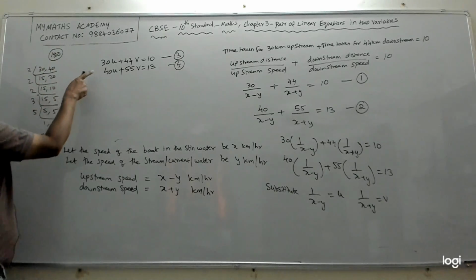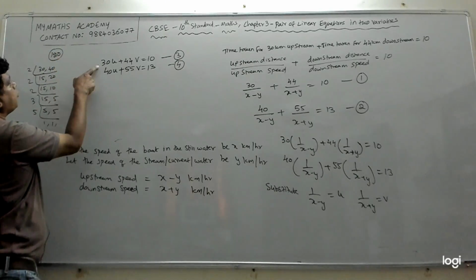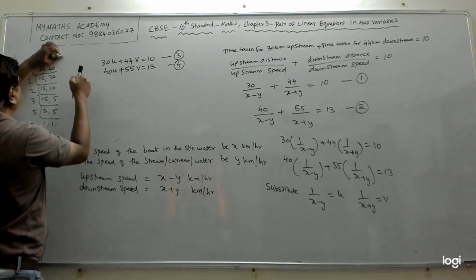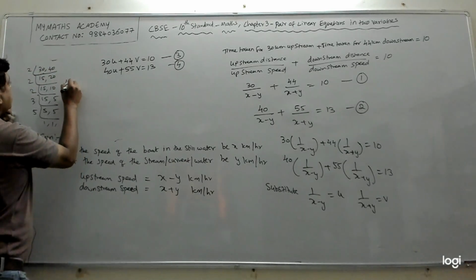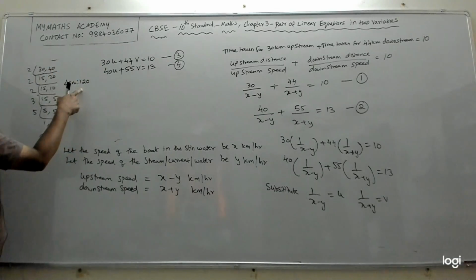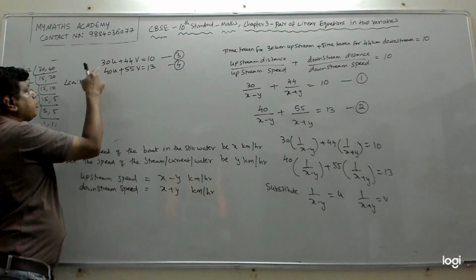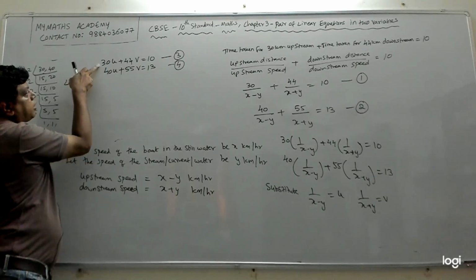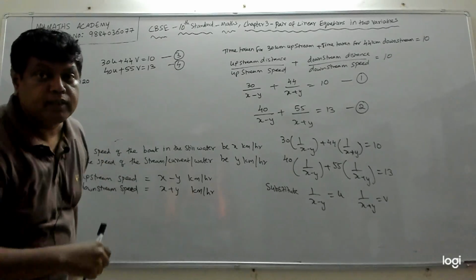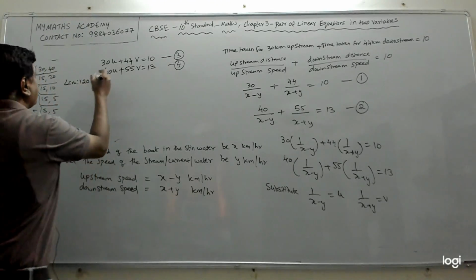LCM of 30 and 40 is 120. Now what should I multiply 30 by to get 120? 4 into 30 is 120. Similarly for 40, what should I multiply to get 120? It is 3.